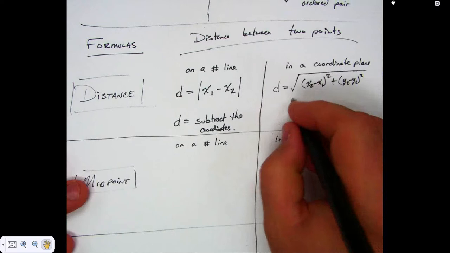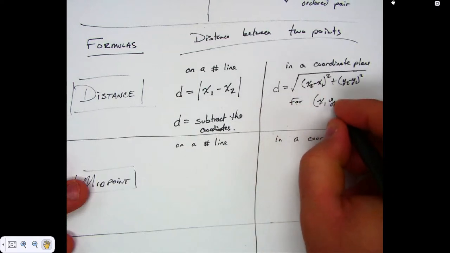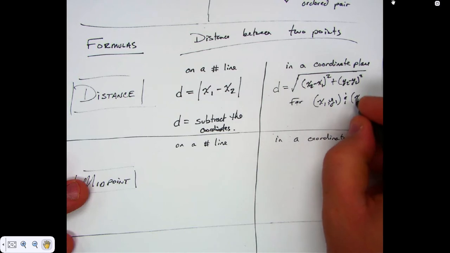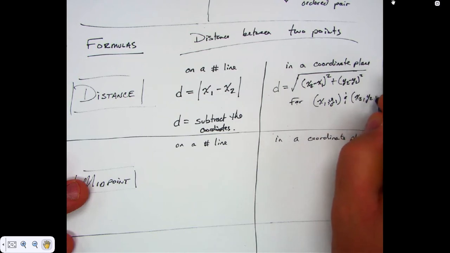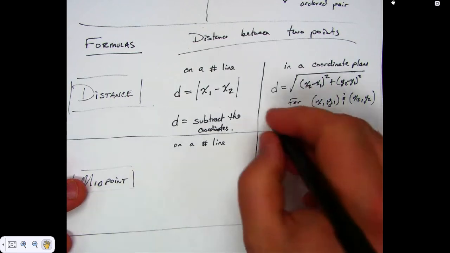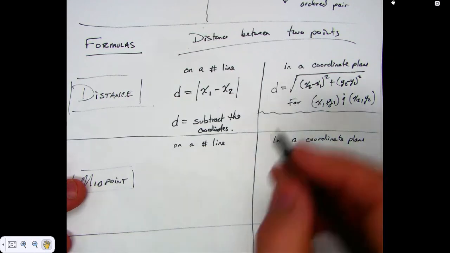And this is for x1 comma y1 and x2 comma y2. We're just getting these formulas down so we have them, and then we'll apply them to some problems.